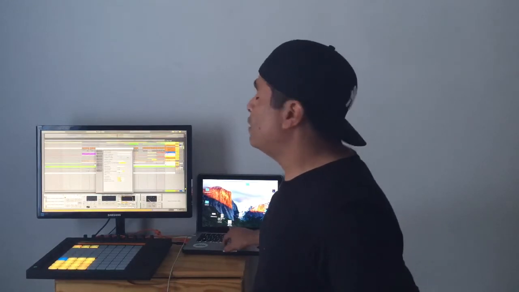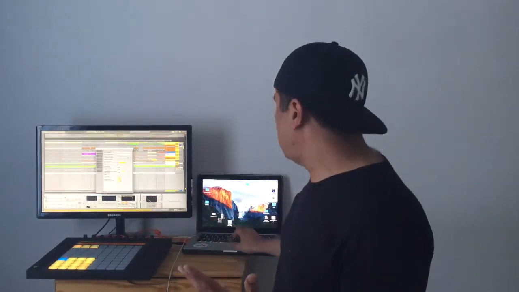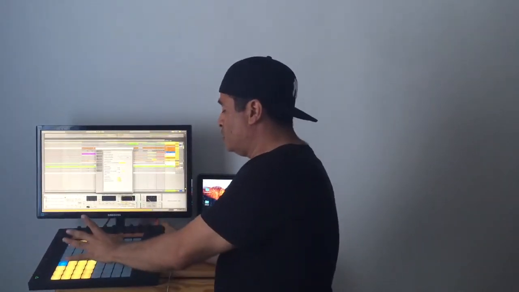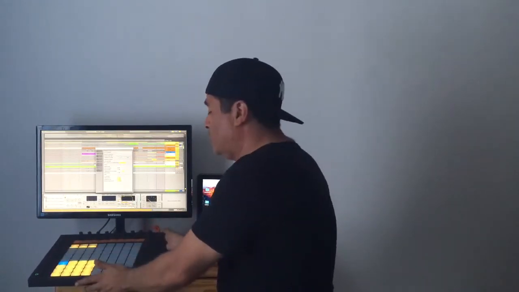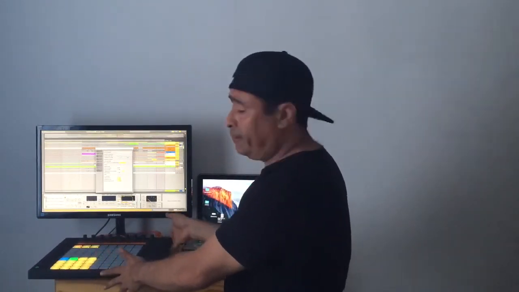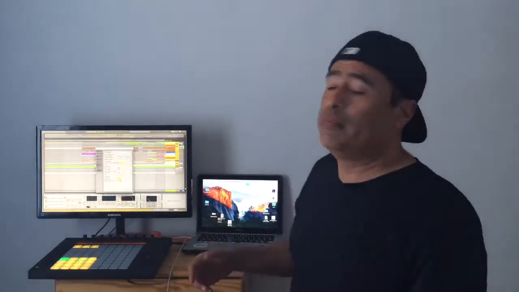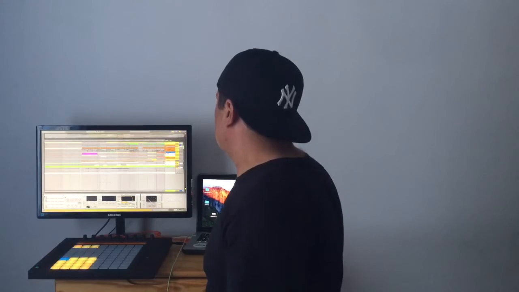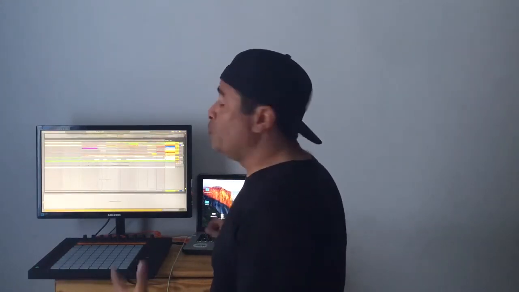So this is how I construct the patterns. In Push, it's very easy to create these patterns with this 4 by 4 matrix in Ableton Live. The next part where I made some groups is the bass lines.